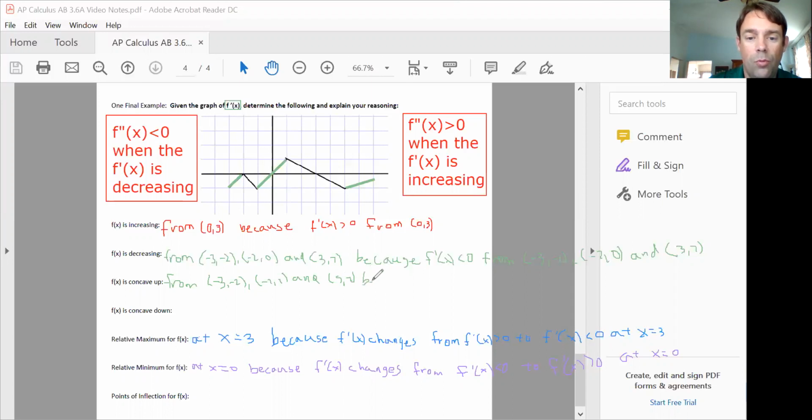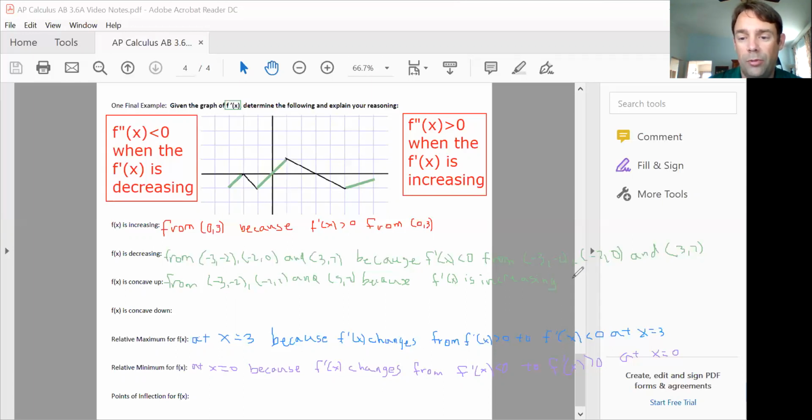Because f prime of x is increasing. Since I'm talking about increasing here, I'm not really talking about second derivative values. It wouldn't be wrong to talk about the second derivative values there, but I'm technically basing it off of when it's increasing or decreasing.